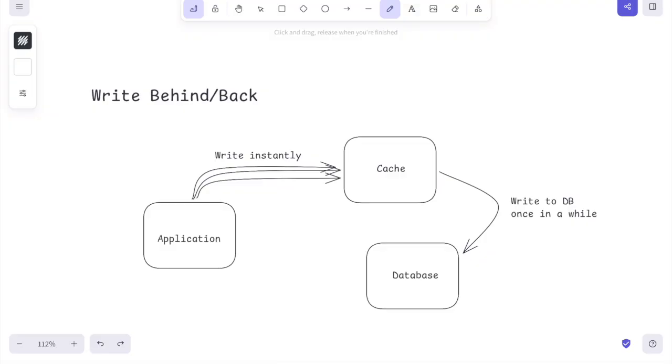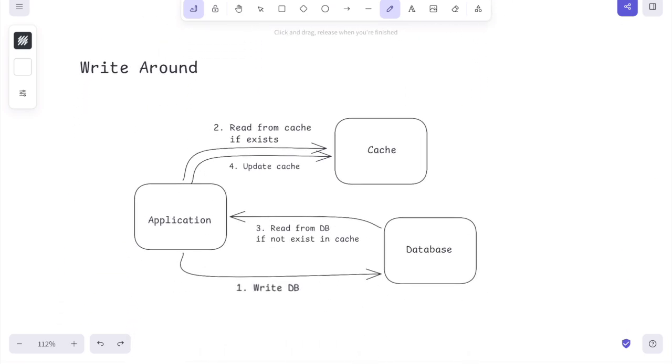This is eventual consistency, and you have to figure out which one you need. You use this one when you can tolerate some data loss, like analytics counters, click tracking, and log aggregation, things that can be slightly approximate. Then the write behind strategy is the best one there.